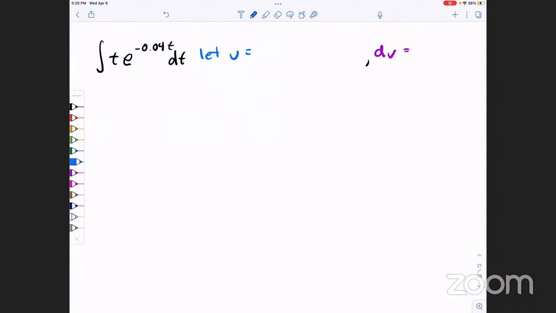Okay, so we did E as our U, so now we're going to let U be T. So then that means our du is going to be dt, right? So now with this, our dv would have to be this guy, this e to the negative 0.04 T dt.